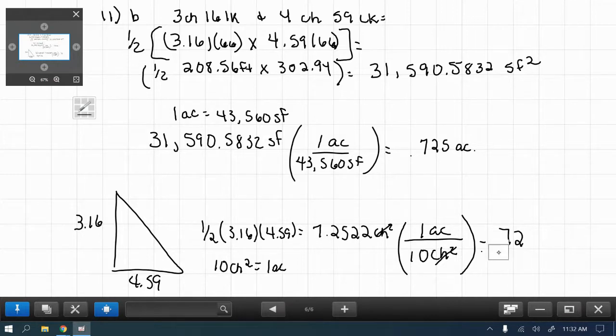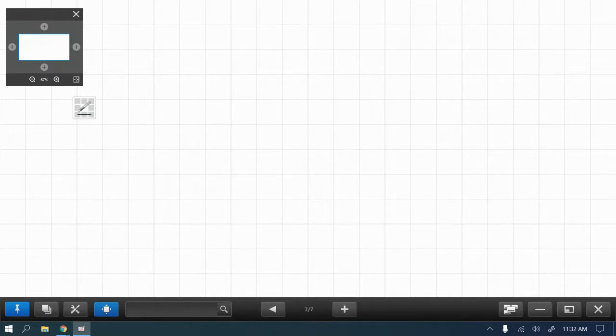So I'm going to get exactly what Riley had. I just did this in one step. I condensed this down because I knew 10 square chains equals 1 acre. If I'm solving for acres, then you're just going to divide the area of the triangle. Either way, whatever you're comfortable with. All right.